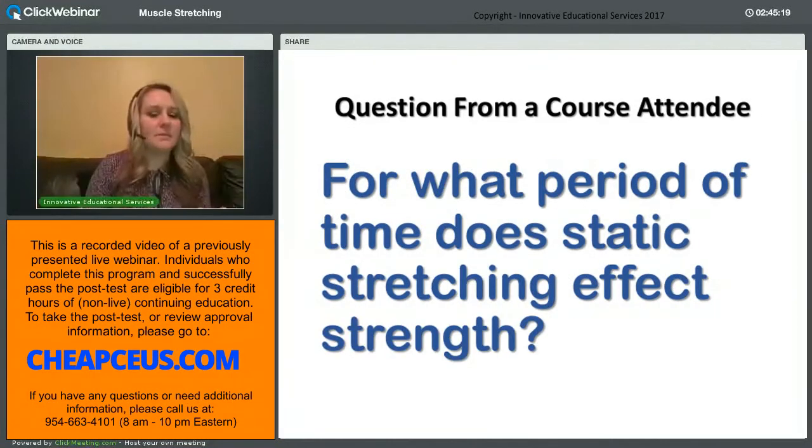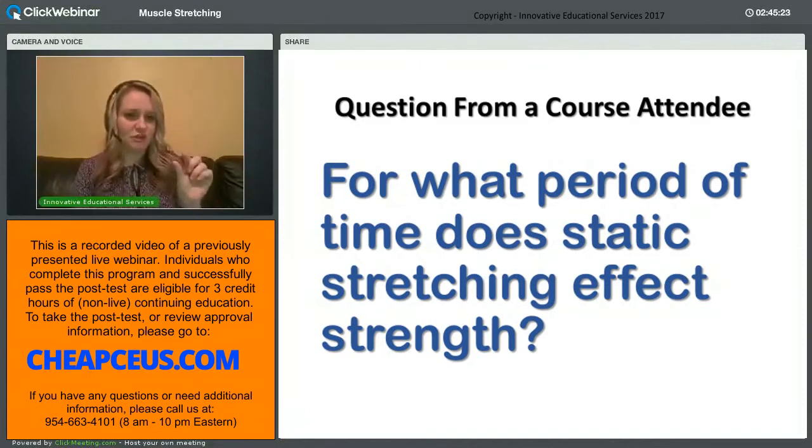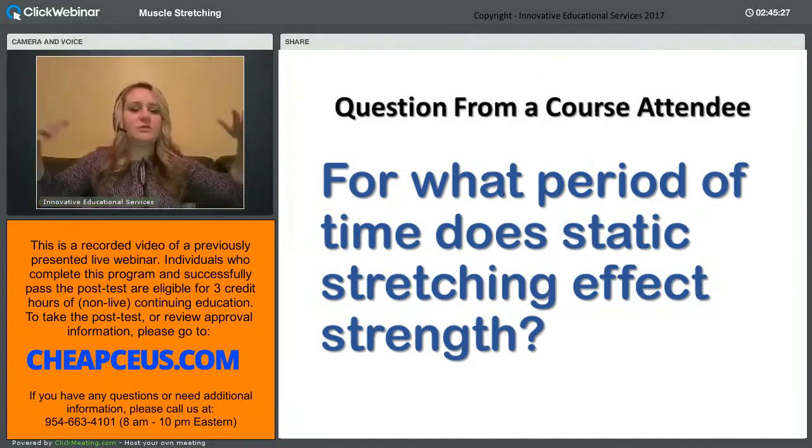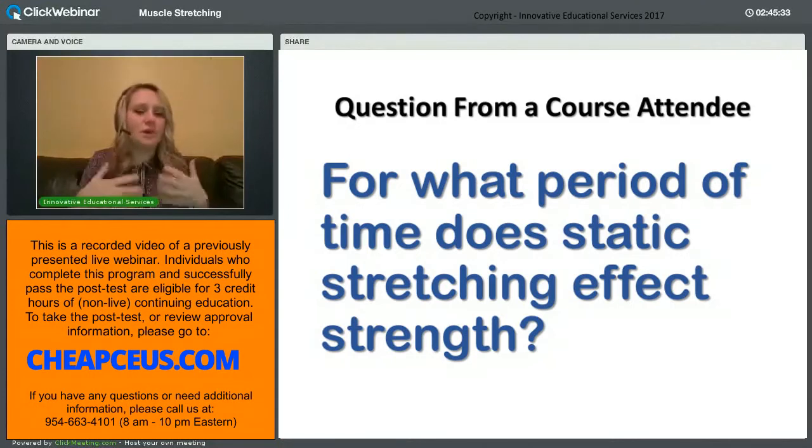So Elizabeth, asking about static stretching decreasing strength. It is just a short-term effect. The research really varied, somewhere between 6 and 25 minutes, that there was an initial inhibition of the length-tension relationship and other neurophysiologic factors, that decreased Hoffman reflex, things of that nature, around 15 minutes.